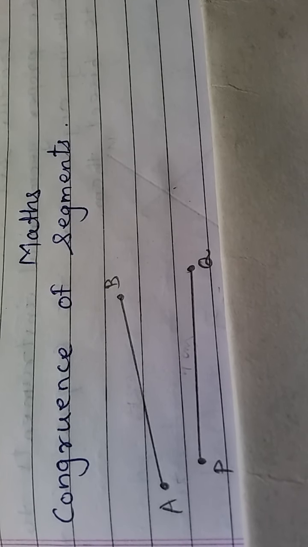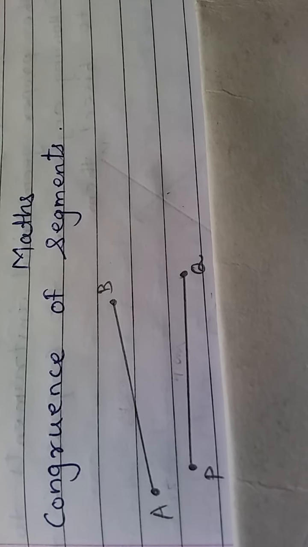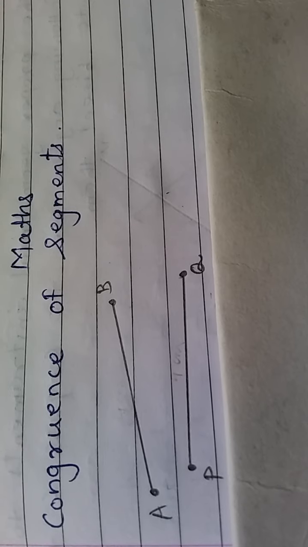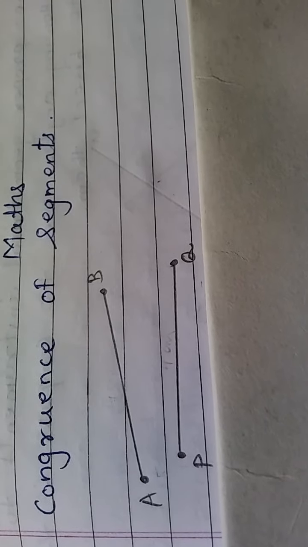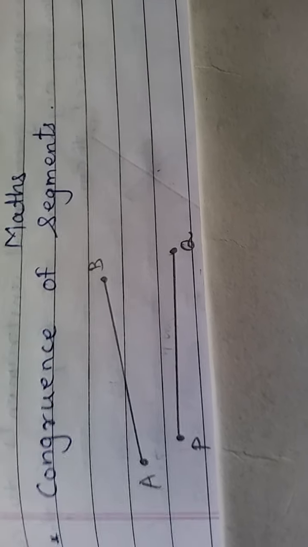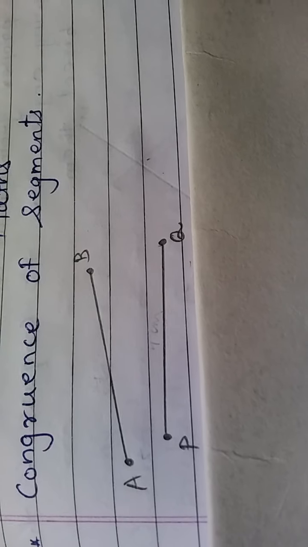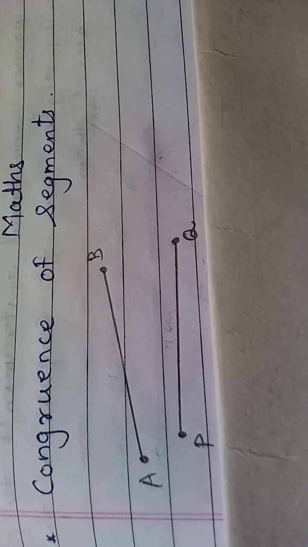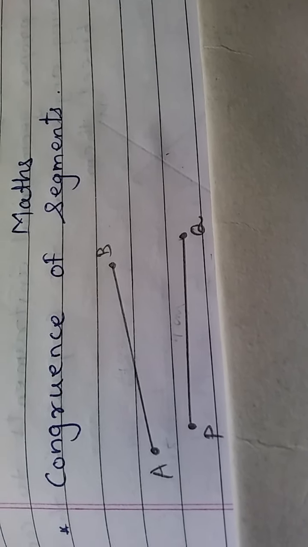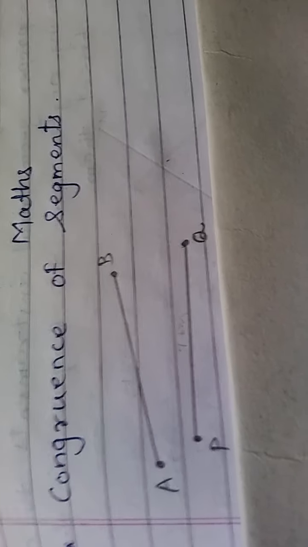Next, geometrical construction. Our next point is congruence of segments. Take a rectangular paper and place two opposite sides one upon the other. They coincide exactly.